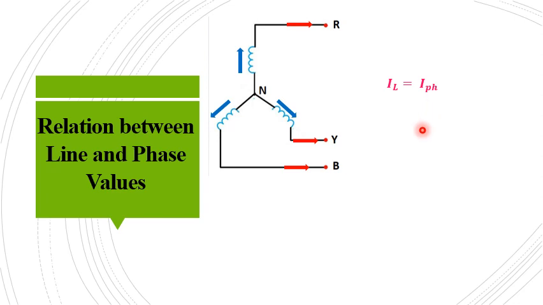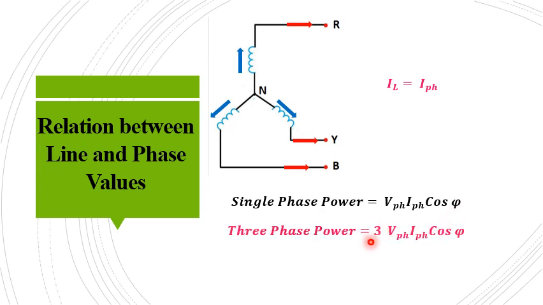Now let's see what will be the power consumed. The power in a single phase is the voltage in that phase into the current in that phase into cos phi, VI cos phi, right? But here we have three phases, so three phase power will be 3 times the single phase power. In other words, it is equal to 3 V phase I phase cos phi.